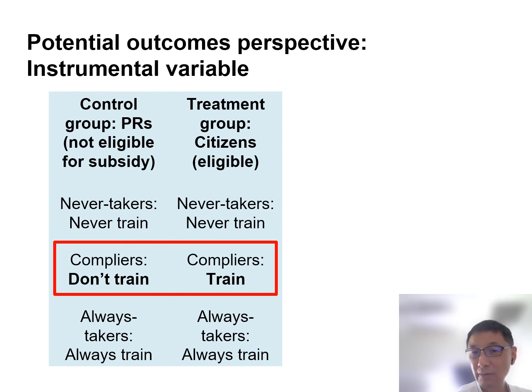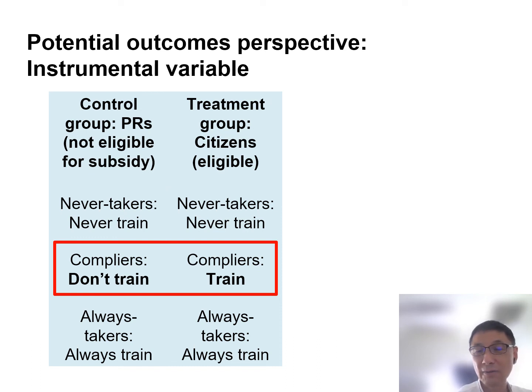The control group are permanent residents. They're not eligible for the subsidy. The treatment group are Singapore citizens. They're eligible for the Skills Future credit. If we look at each of those groups, they will be divided into three types.